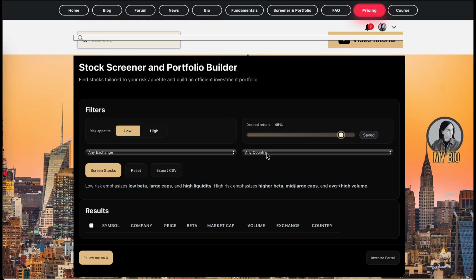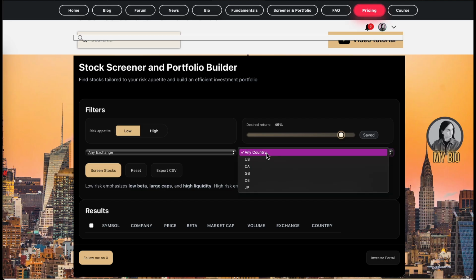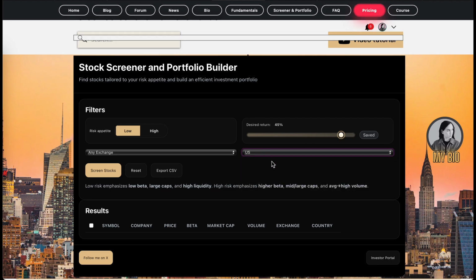I mean the issuer company, the company that is issuing the share. As you can see here, there are different countries, like for example a Japanese company, but the stocks will be listed on the US exchange. I usually put the US filter, US country, because these are more stable stocks.